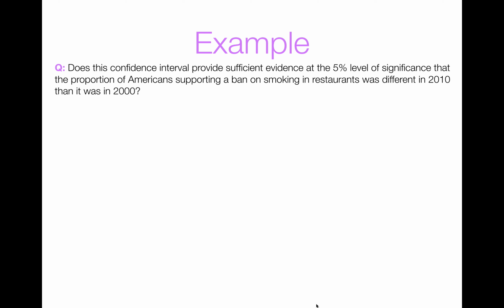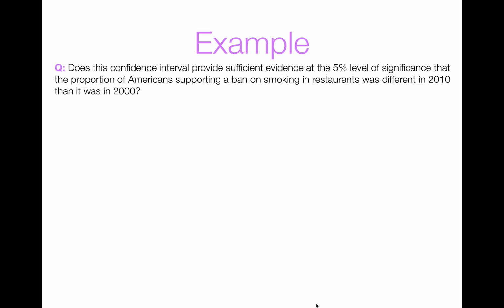Well, if the proportions were not different, what would happen to our parameter? Well, our parameter is P2 minus P1. If P2 and P1 weren't different, then our parameter would be 0. So if there was no change from 2000 to 2010, then we would expect to find 0 within our interval. But did we?